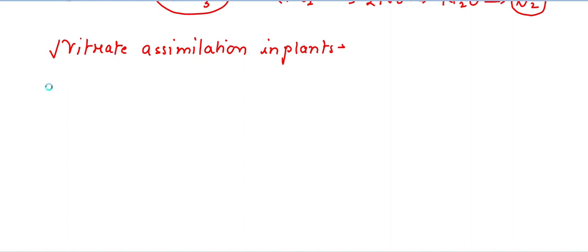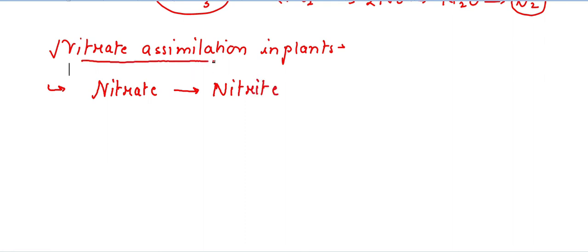This involves the reduction of nitrate to nitrite. We are talking about the nitrate assimilation in the plants. The nitrates absorbed by the plant roots get converted to amino acids and amides before incorporating into proteins and other macromolecules.